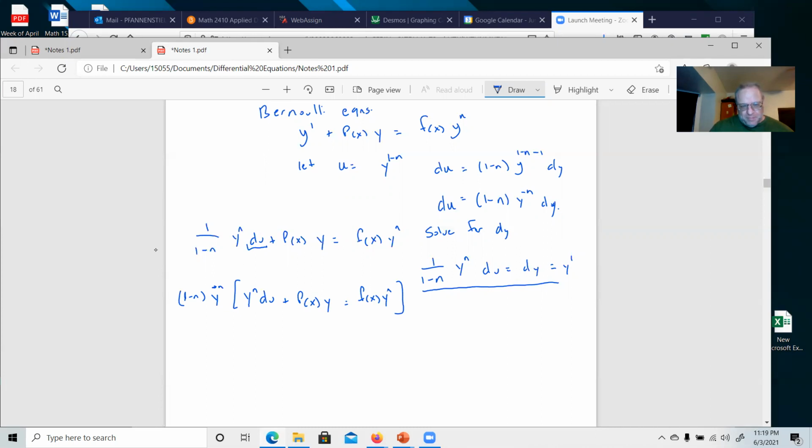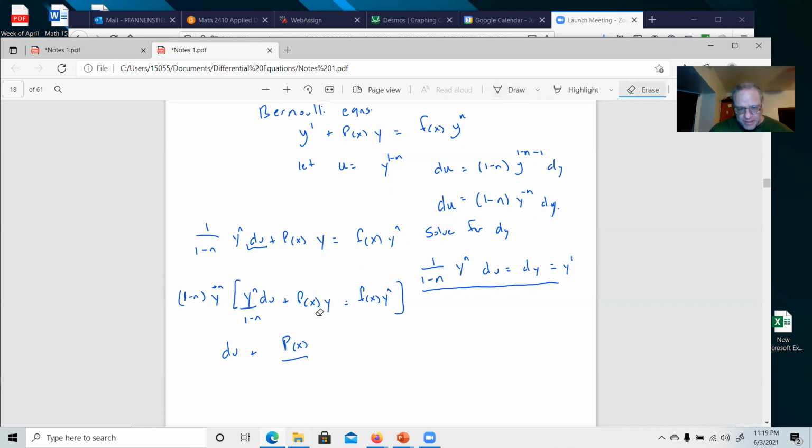So what's going to happen? We're going to end up with, there's a 1 minus n here. Okay, so all of this stuff is going to cancel. That's kind of the whole point: we're going to clean off our du, or u prime, plus, now we have p of x times a 1 minus n.